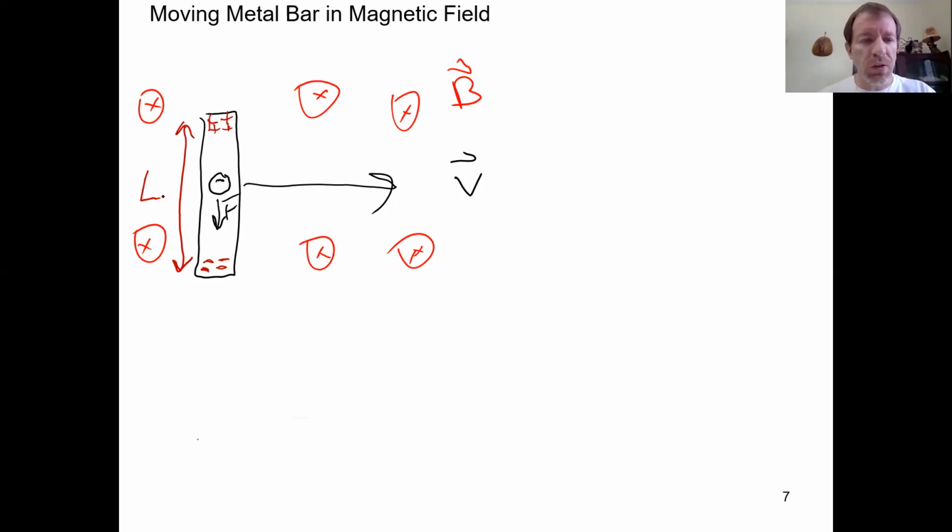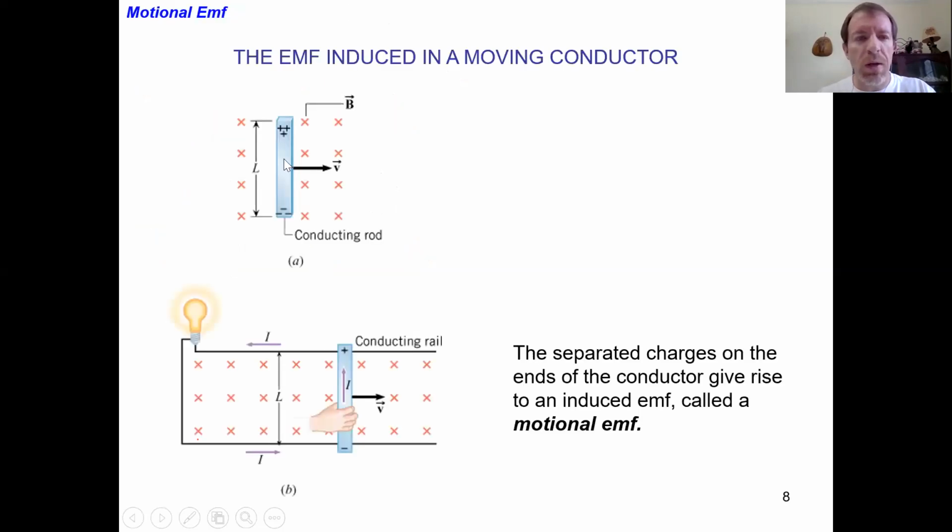So what we could actually do, and this is kind of cool, is we could take this rod that's moving to the right in this magnetic field, and we could put it on top of a couple conducting rails, or maybe drill holes through the rod and then slide it onto the conducting rails and move that rod to the right. And if we had maybe a light bulb or something like that, we could actually end up driving a current through that light bulb.